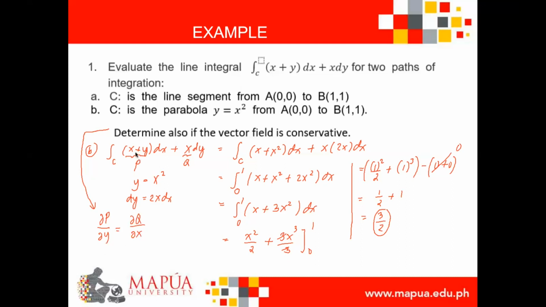The derivative of x plus y with respect to y is 1. Then the partial derivative of the function Q with respect to x is equal to 1. Since they are equal, we can say that the vector field is conservative. So this is the answer for this problem, letter B.